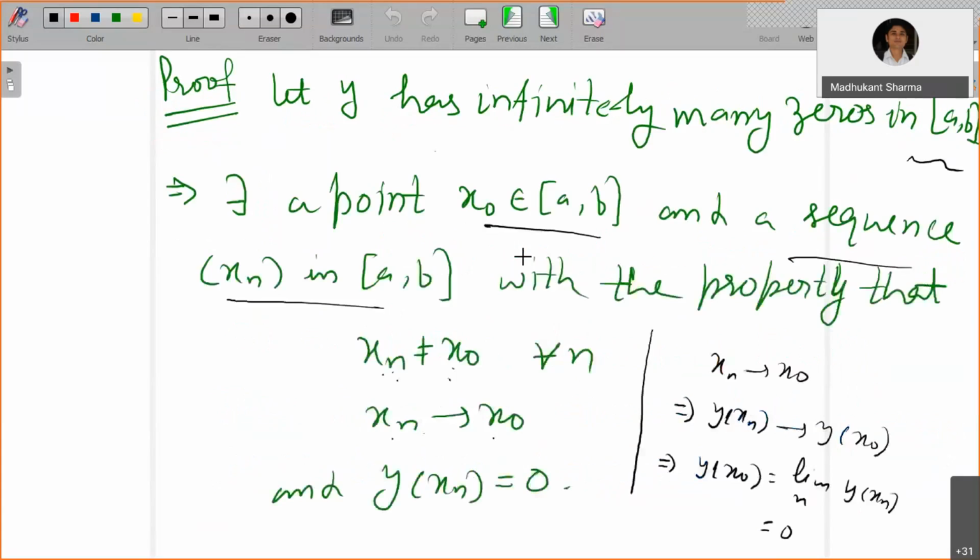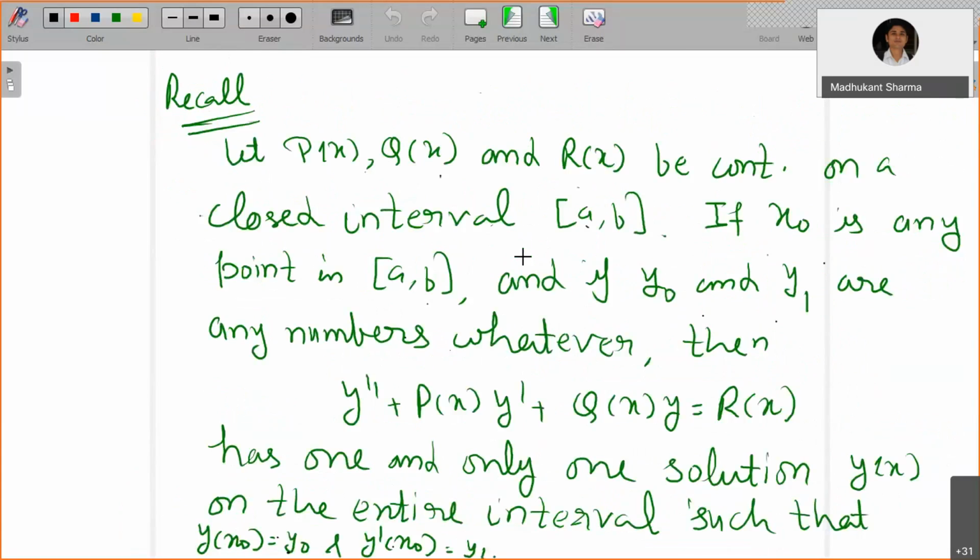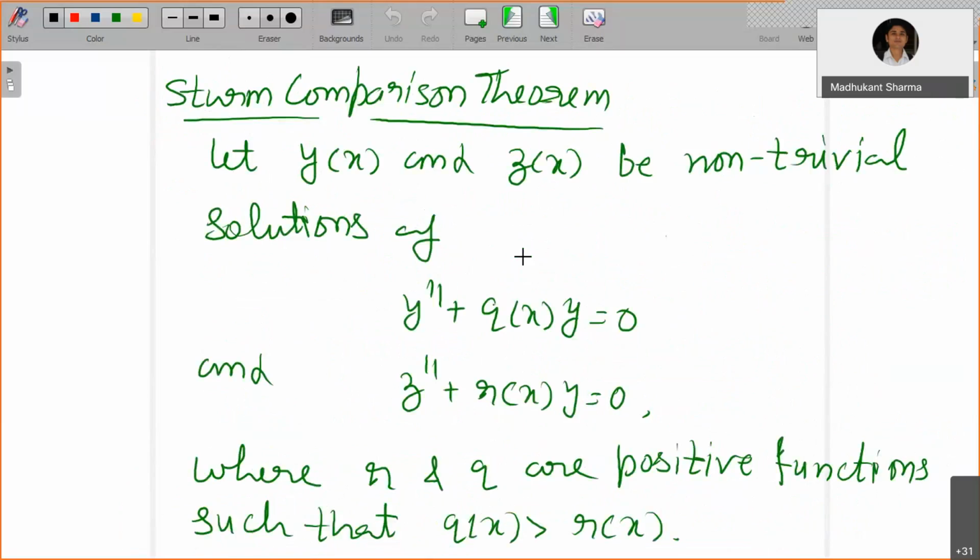Right. So now using this result, we have the Sturm comparison theorem. What it gives you is that between any two zeros of z, there is at least one zero of y. That is what the Sturm comparison theorem tells, where y and z satisfy a special type of second order differential equation.